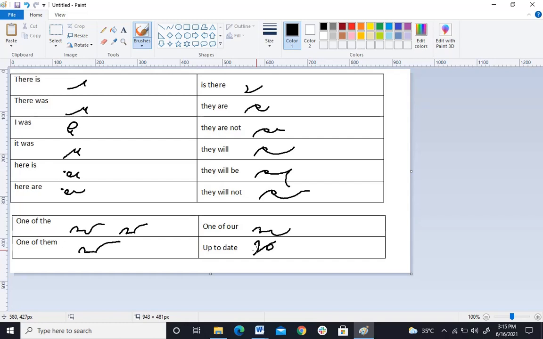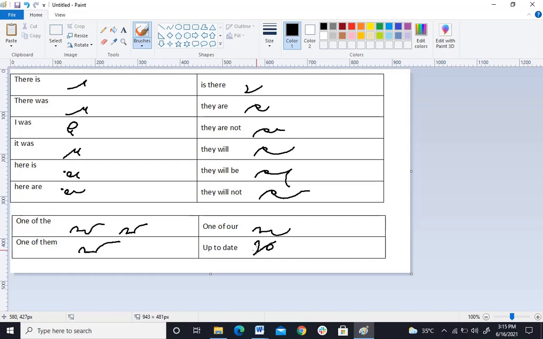And kapag transcribe mo na yan into longhand, use your analysis. Use your common sense sometimes. Kasi titignan mo kung yung transcribe mo ba, it goes well with the sentence. Tama ba? Pagka binasa mo ba yung sentence na transcribe mo, tama ba yung mga words na ni longhand mo? Okay? So, ganun lang siya kasimple.